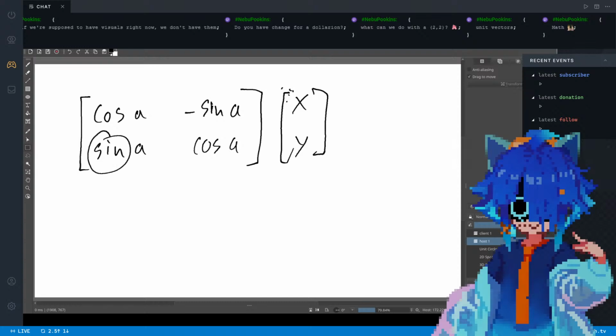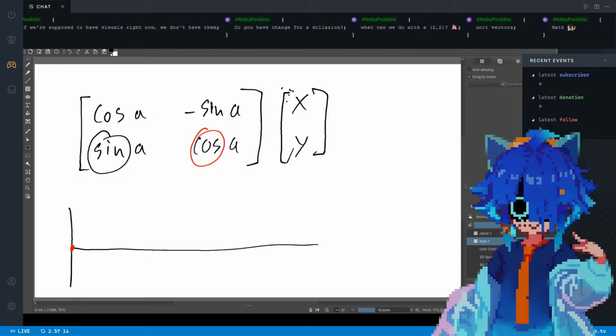But hold up. What the heck are these sine and cosine things? Well, it turns out that they're functions that have been defined in math, and they have an appearance that looks something like this. We start here, down at 0, 0.